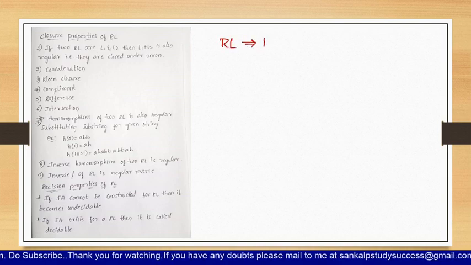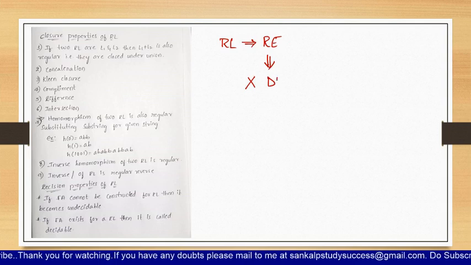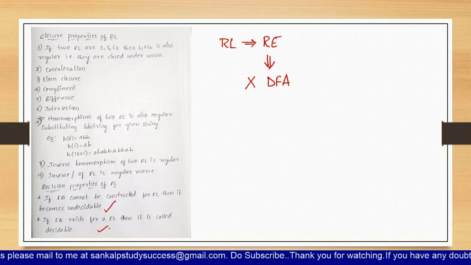For this regular language we can write a regular expression, but we cannot draw a finite automaton. That means we cannot construct a finite automaton. If such a case exists, then you can say that it is undecidable. And if you can construct, or if there exists a finite automaton, then it is called decidable. So there are only two terms in the decision properties, undecidable and decidable. If you cannot draw a finite automaton, it is undecidable, and if you can draw a finite automaton, then it is decidable. So these are some of the properties of regular languages, the decision properties and the closure properties.